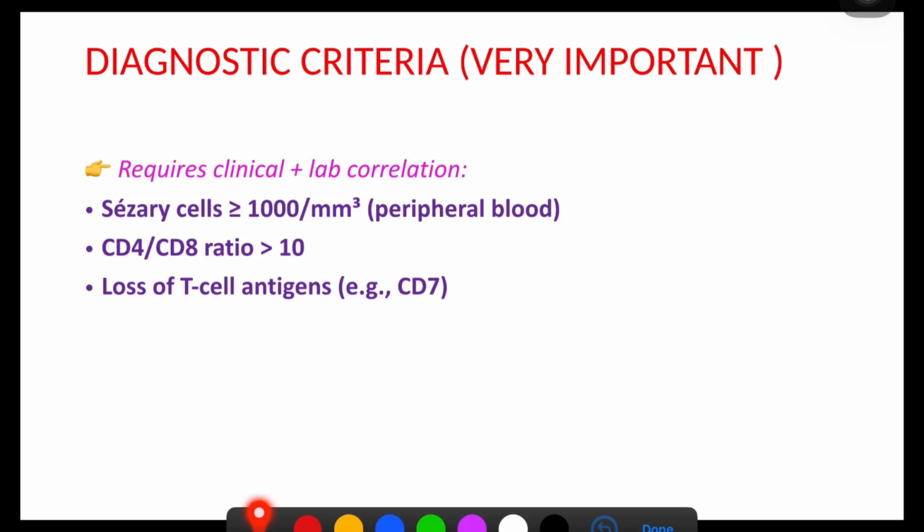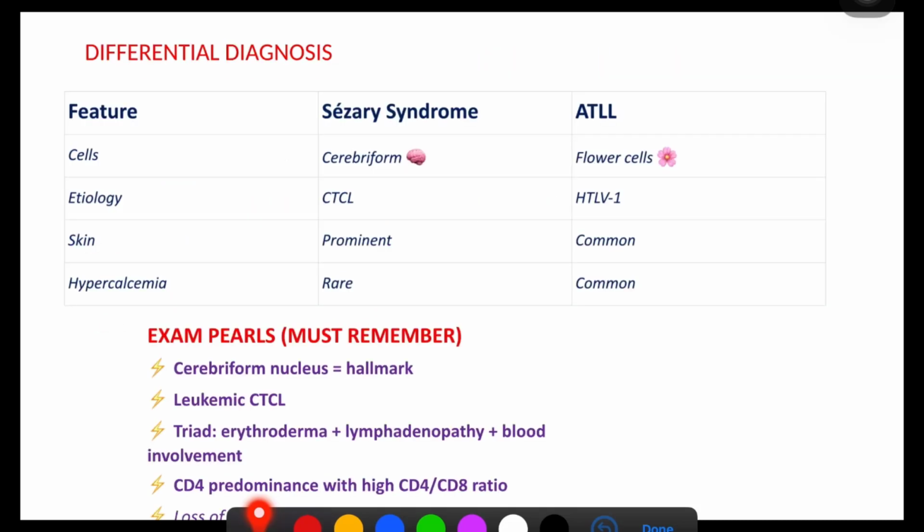So whenever you find Sézary cells in peripheral blood, it must be more than or equal to 1000 per milliliter cube. Along with that, the CD4 and CD8 ratio must be greater than 10, and there is loss of T cell antigen like CD7. For differential diagnosis, we have to differentiate it from ATLL, where you find flower cells.